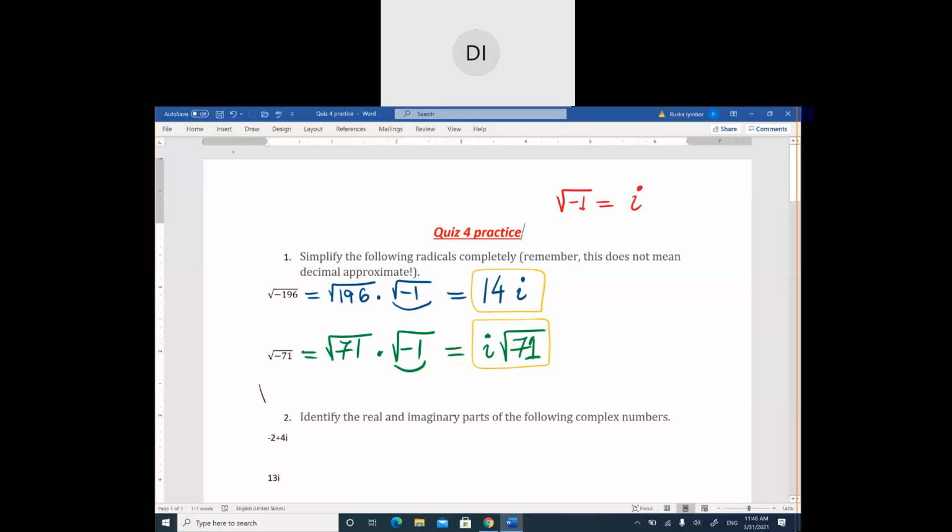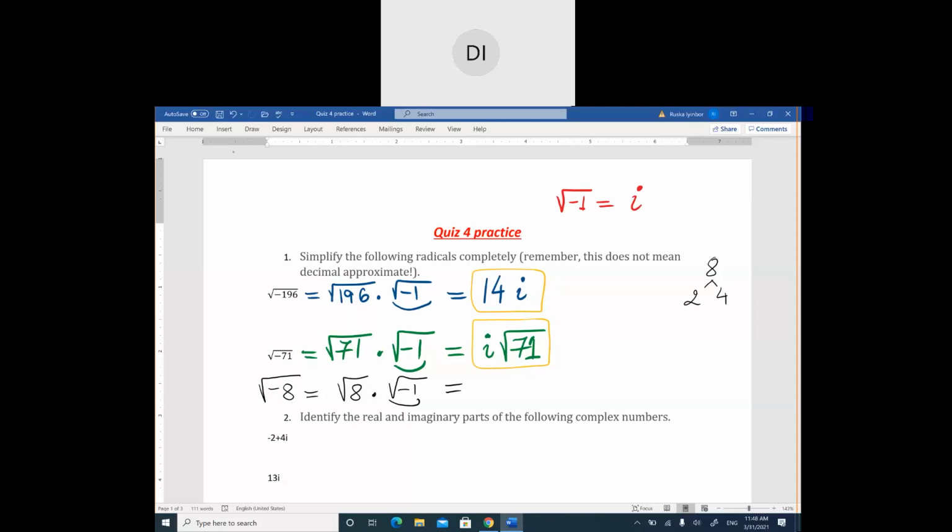If I have square root of -8, that's going to change to square root of 8 and square root of -1, which is the I. Now 8, I can break down. It's not a perfect square, but it has a perfect square factor: 2 times 4 is 8.